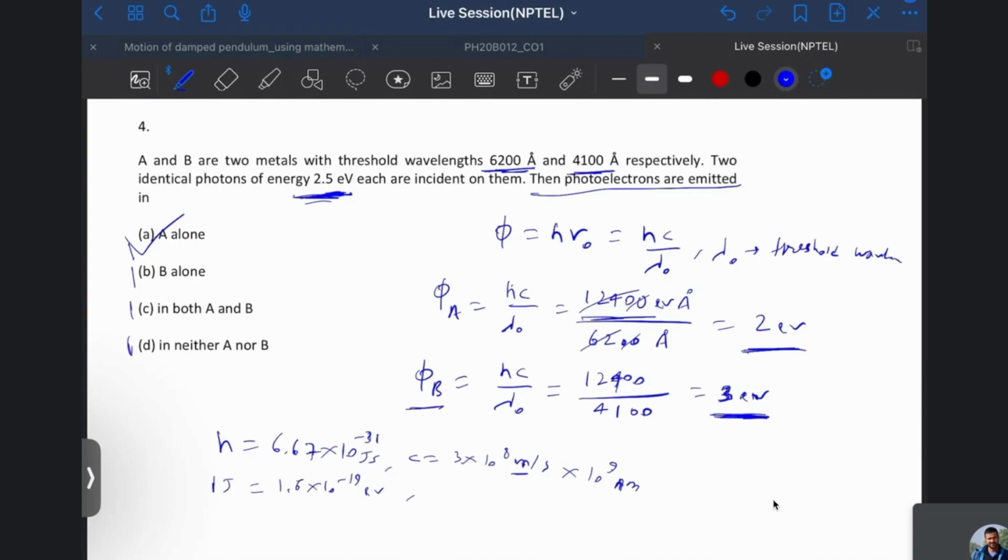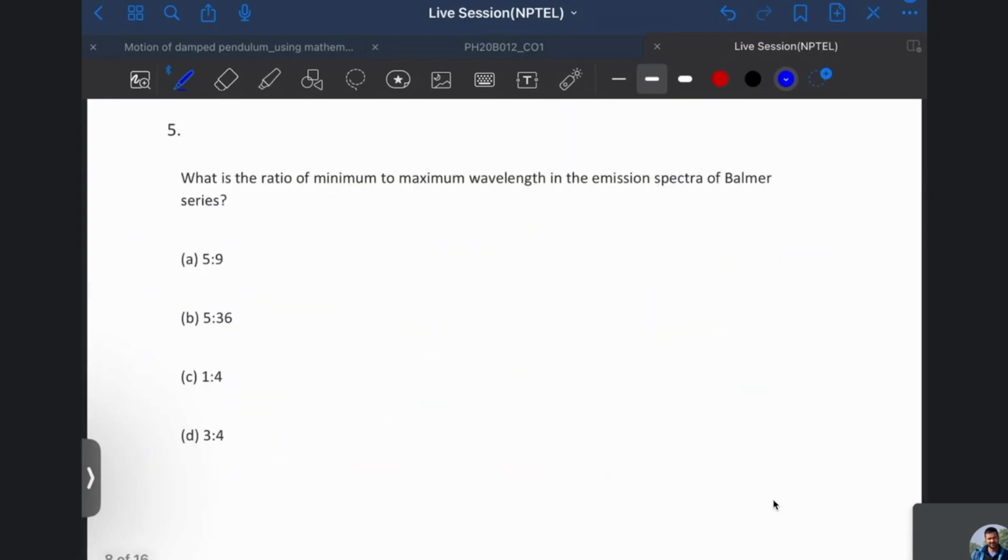Okay, so then let's go to our next problem. What is the ratio of minimum to maximum wavelength in the emission spectra of Balmer series? So again, we have this problem on emission spectra.